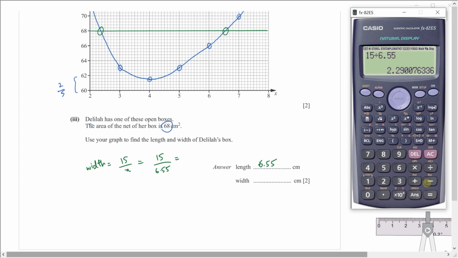So you can say that this is almost 2.29, or you can write it as 2.30 as well. Both are fine. So this is how you will calculate the length and the width.